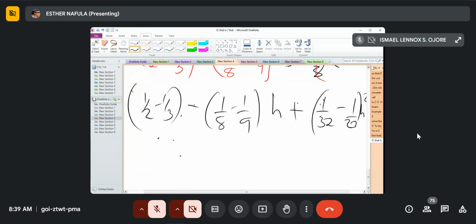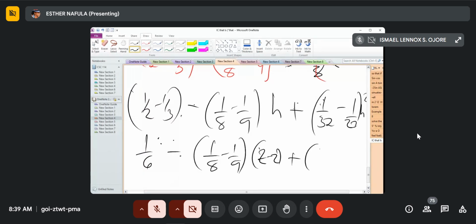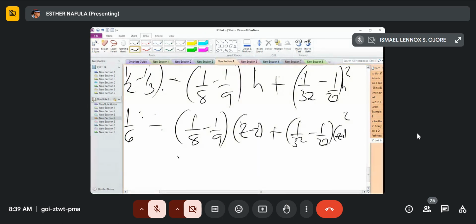Okay. This was reducing to 1 over 6 minus 1 over 8 minus 1 over 9 times our h, which is z minus 2, plus 1 over 32 minus 1 over 27, times our h, z minus 2, the whole thing squared. If you leave your answer at this stage, it's still okay.